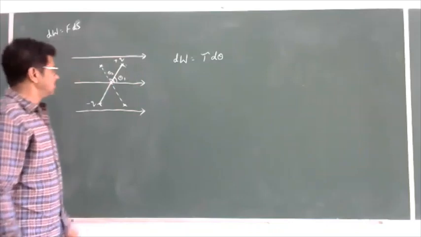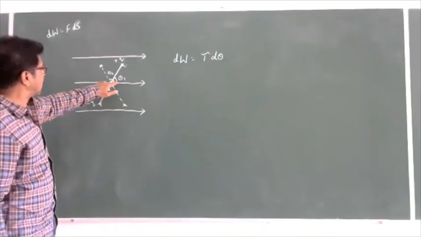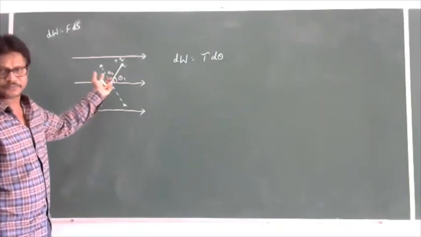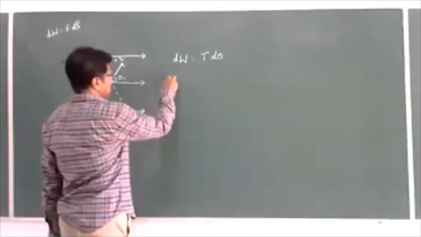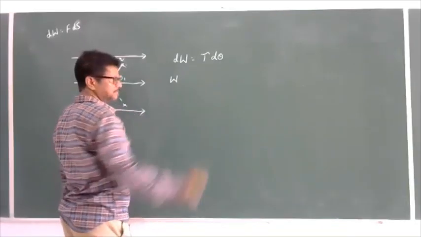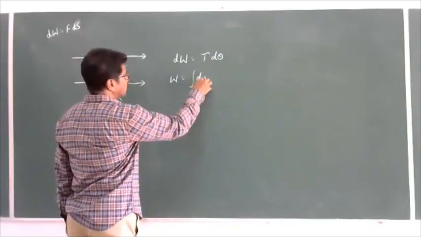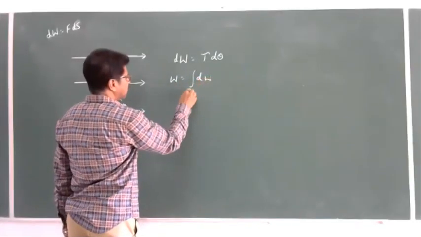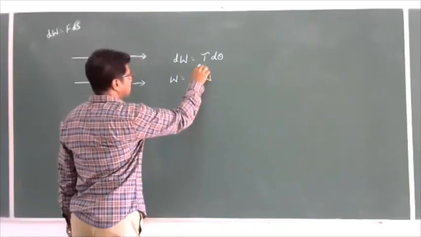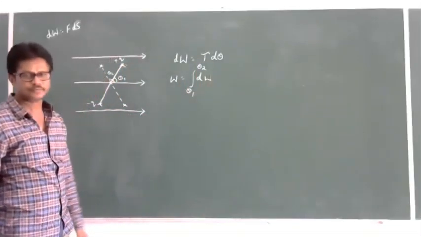But actually our intention is to rotate from an angle theta 1 to theta 2. In such a case, we have to go with an integration. W is equal to the integral of dW. I am rotating from an angle theta 1 to theta 2.